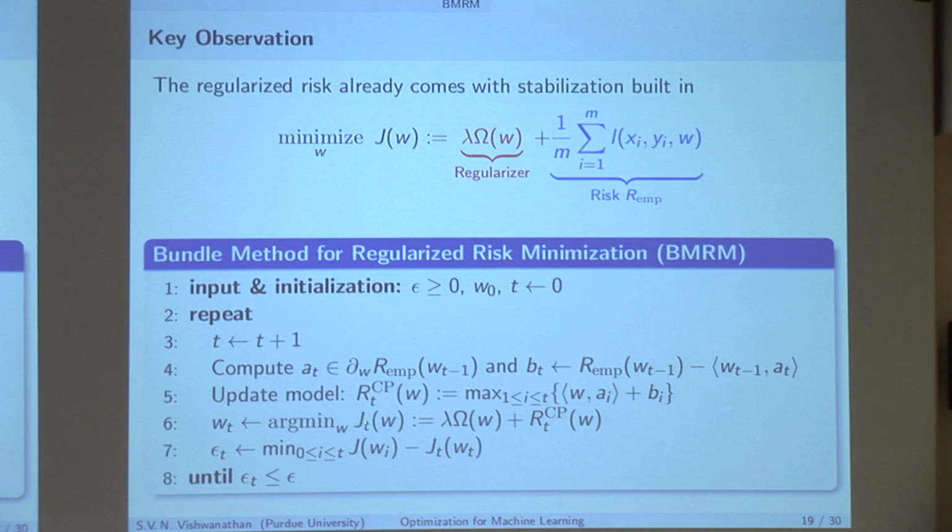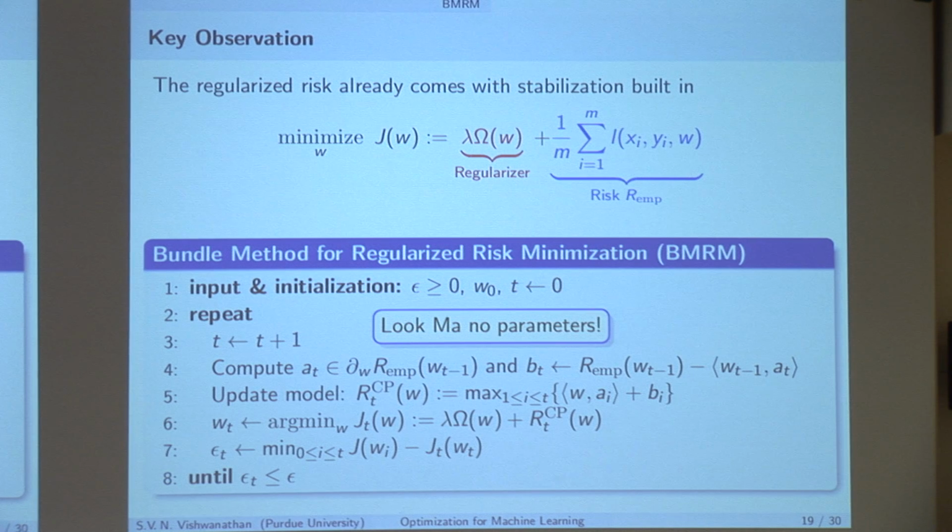Then in every iteration we add the regularizer back to the cutting plane model of the risk and minimize it, and we keep doing this until we reach our tolerance. Really, really simple, nothing complicated at all. One thing to notice here: no parameters, nothing to tune. You give me your epsilon and I happily chug along, no psi, no kappa, no nothing. Sort of seems magical.